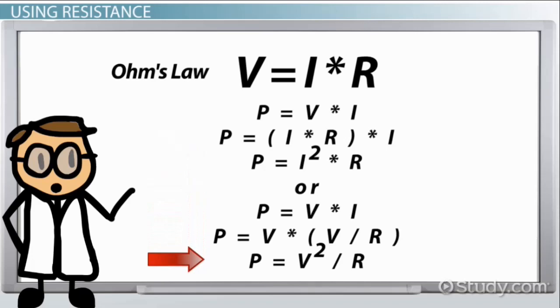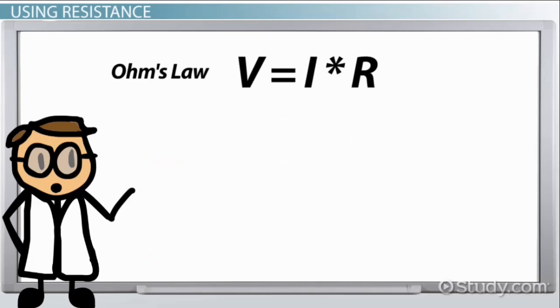If you are given the current and resistance, you can use P is equal to I squared times R to find your power. If you are given the voltage and the resistance, then you can use P is equal to V squared divided by R to find your power. For example, say you are given that a certain electric circuit has a resistance of 1500 ohms, with a current running through it of 5 amps.